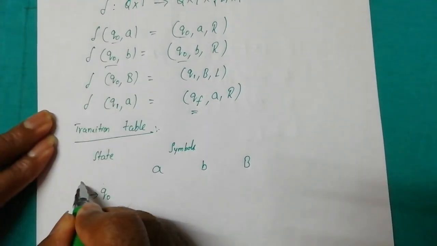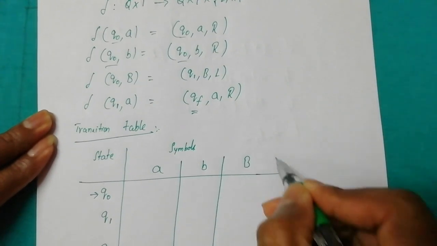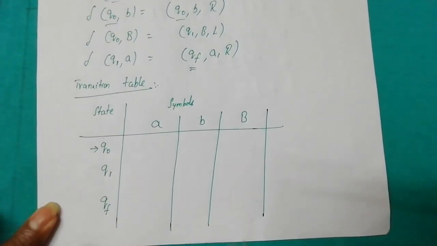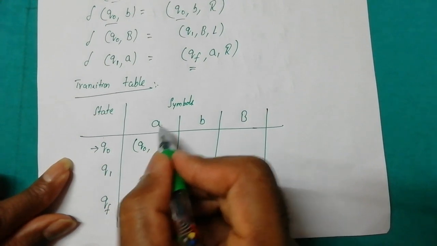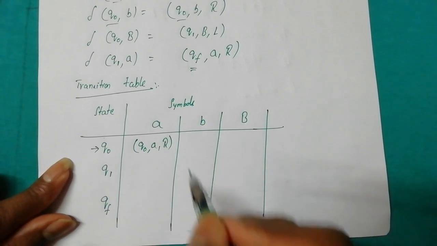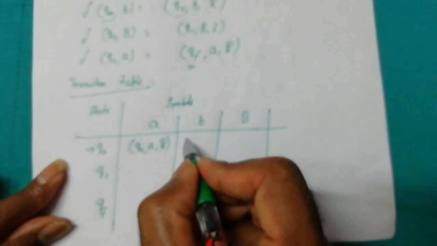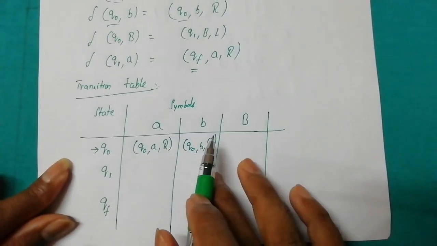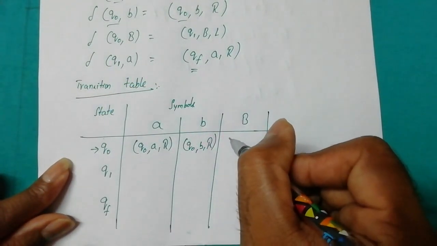Q0 when comes across with A, the transition defined is we are staying in the same state and the tape symbol is not modified, so it is A again, and we move one cell right direction. Again, Q0 when come across with input symbol B, it is defined as Q0 B R. When Q0 come across with blank symbol, we are moving to the state Q1.